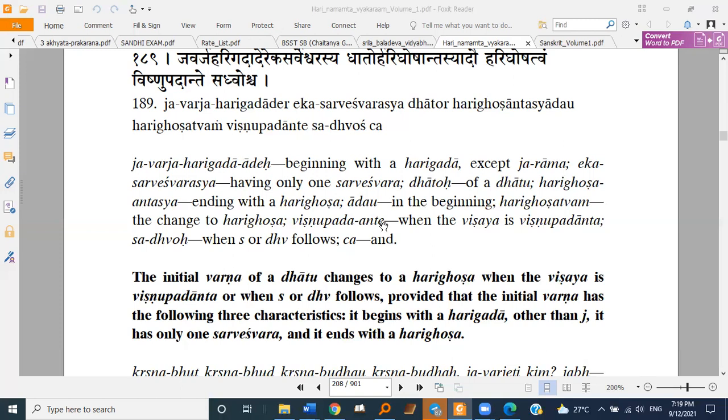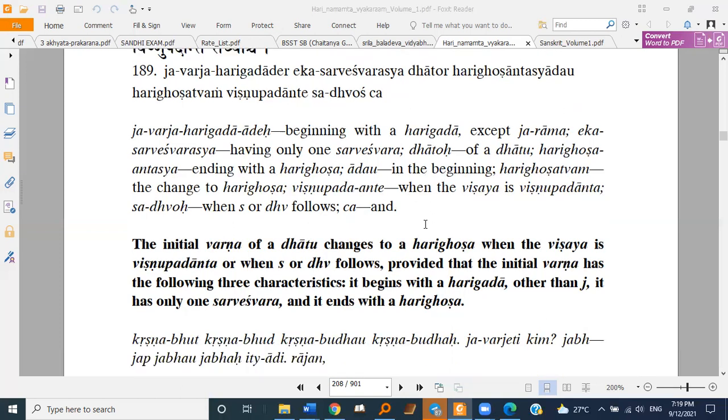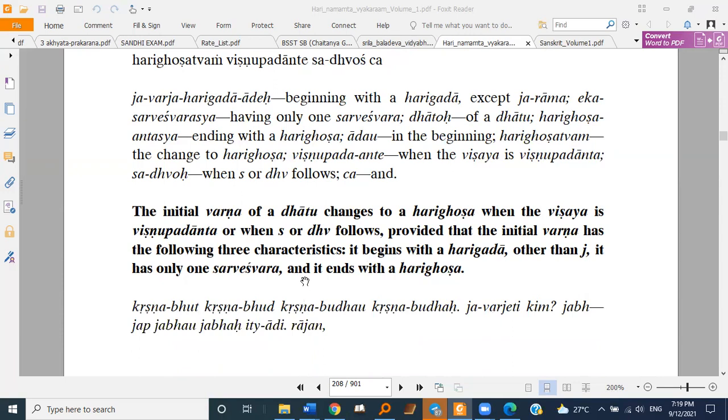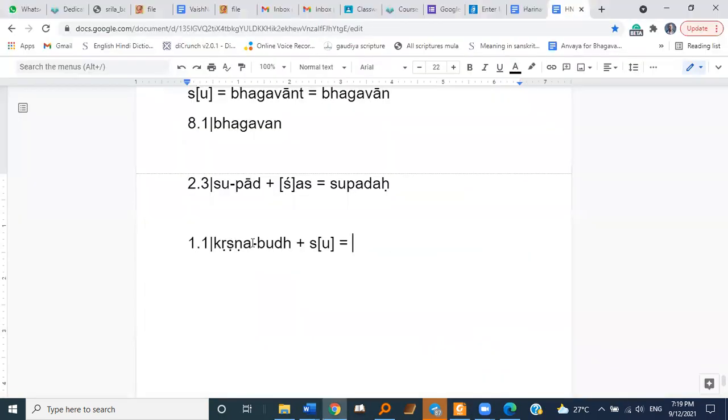Now, this is interesting. So, what the sutra is saying is, the initial varna of a dhatu changes to a hari ghosha when the Vishaya is Vishnu Padanta or when Sa or Dhva follows, provided that the initial varna has the following three characteristics. Let me explain here. Now see, this whole word, Krishna Budh, is a noun, but this Budh is a dhatu originally.